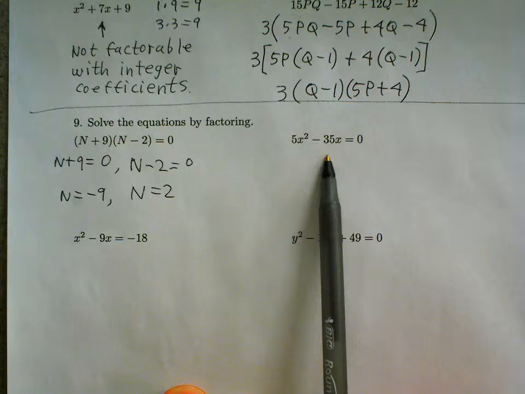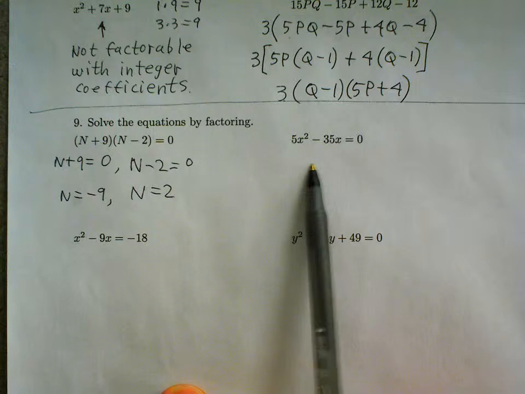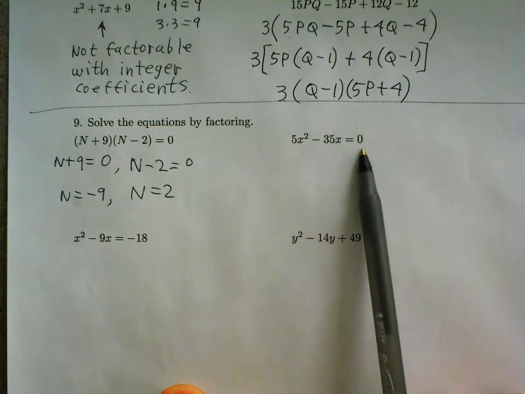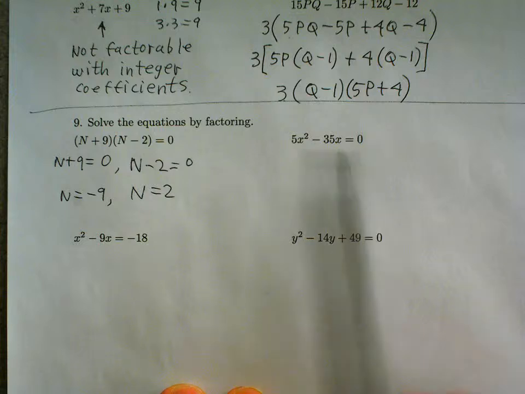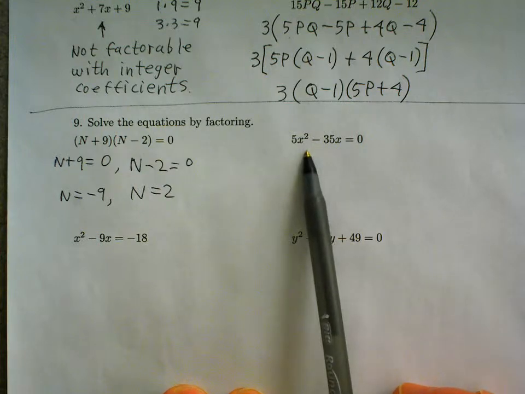Okay, the next equation, 5x squared minus 35x equals 0. The right-hand side is 0. We want one side to be 0 when we solve by factoring. And then we factor the left-hand side.